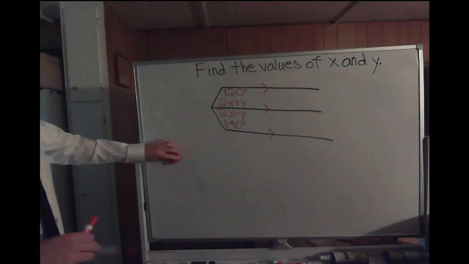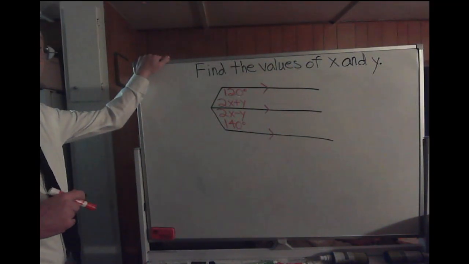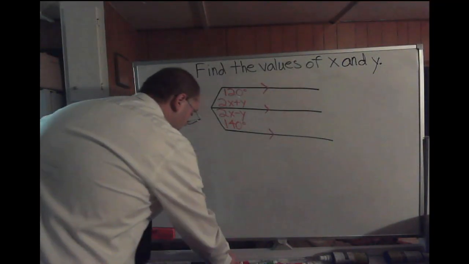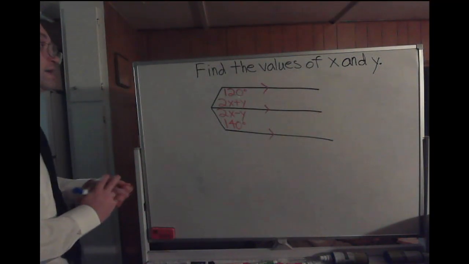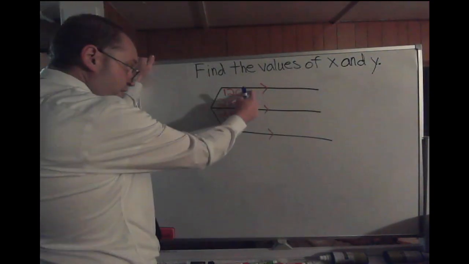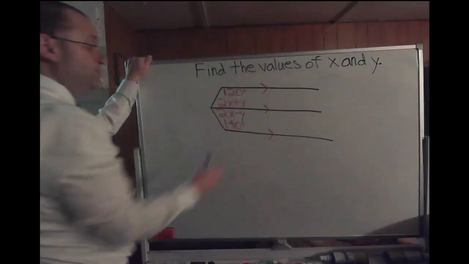Here's the thing. We have no way just to solve for one variable at a time, do we? But we know, if nothing else, that when you have two parallel lines, same side interior angles such as these are supplementary.